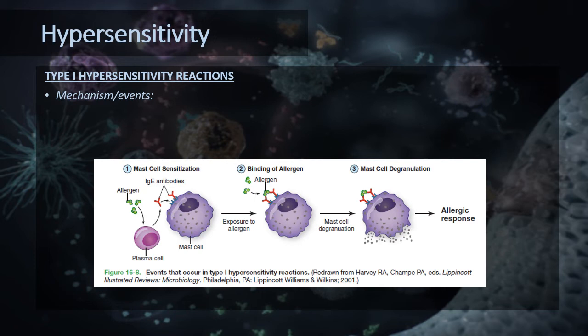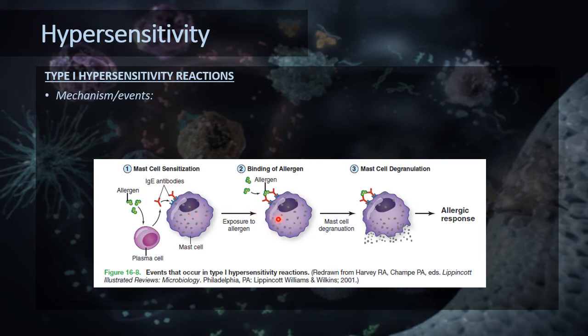First we have the mast cell sensitization, which is the first exposure to the antigen or the allergen that causes the plasma cell to produce specific IgE antibodies, which attach to the surface of the tissue mast cells and blood basophils. Second is the binding of allergen.